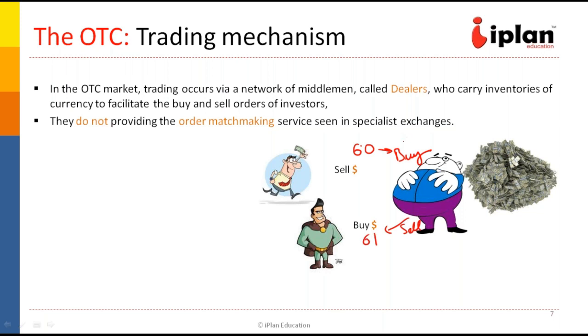So this buying price is normally called the bid, and this is called the ask. And there's a difference of 1. This is called the spread. So we have bid and ask spread both. Right?